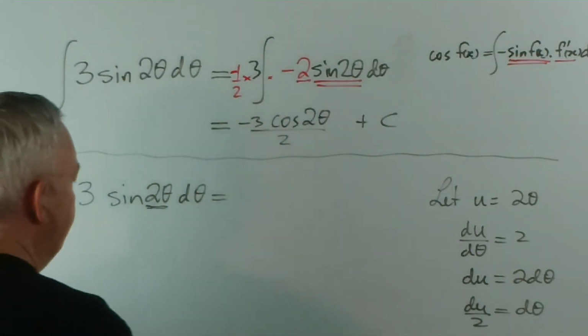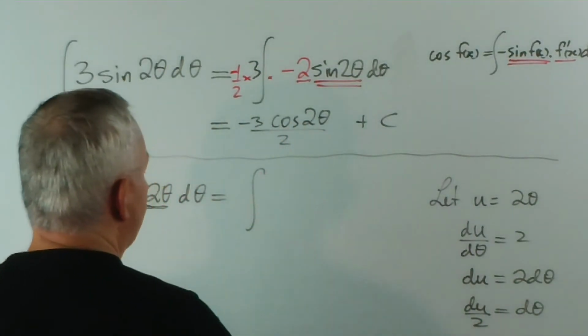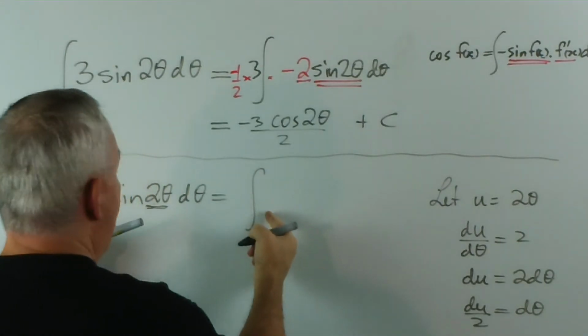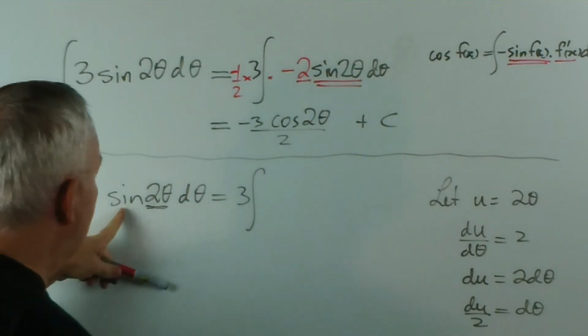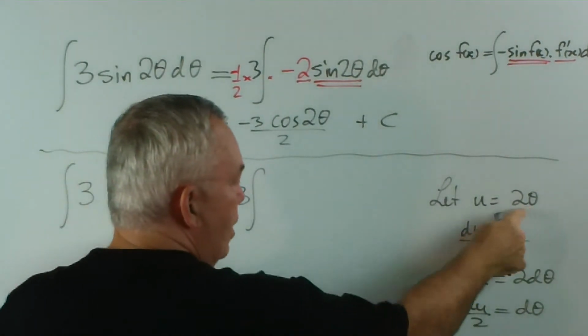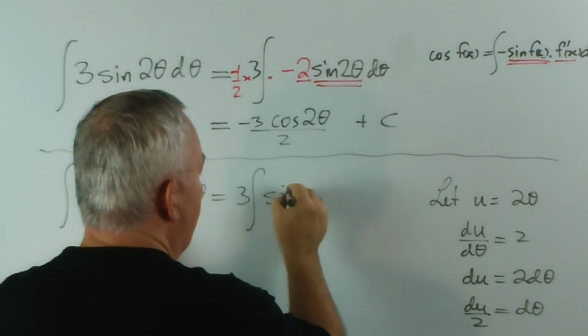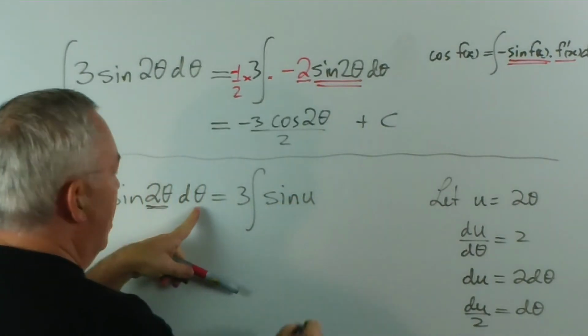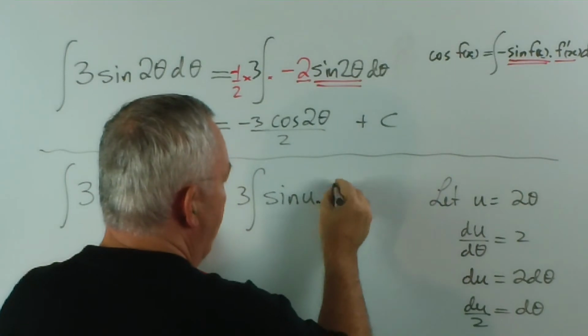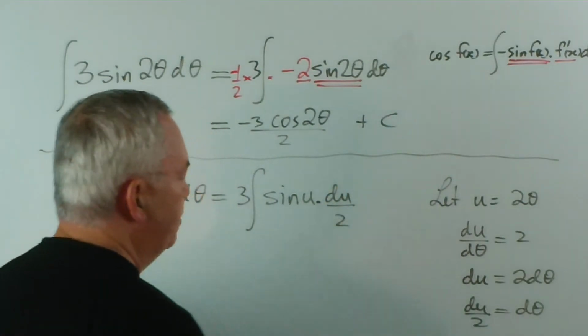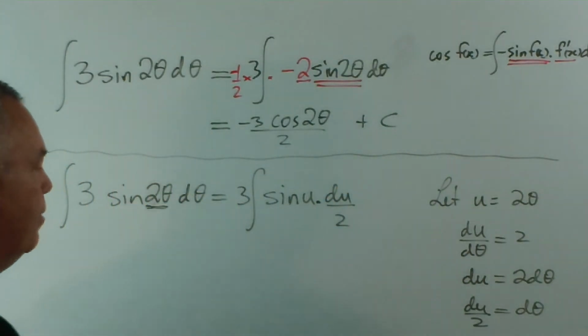What do we get? Well, we get the integral. We can leave the 3 here if we want, or move it out, it doesn't matter. Now we have sine of 2 theta, but 2 theta is worth u, so we have sine u. And in place of d theta, we can write du on 2.